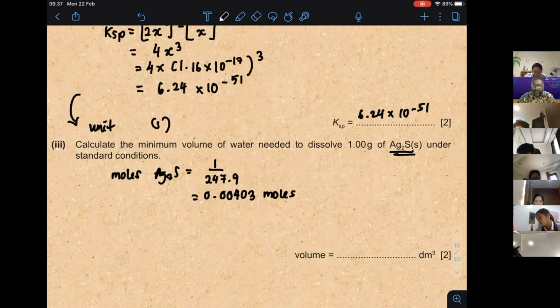Now, using this number of moles, I need to calculate the minimum volume required to dissolve this.